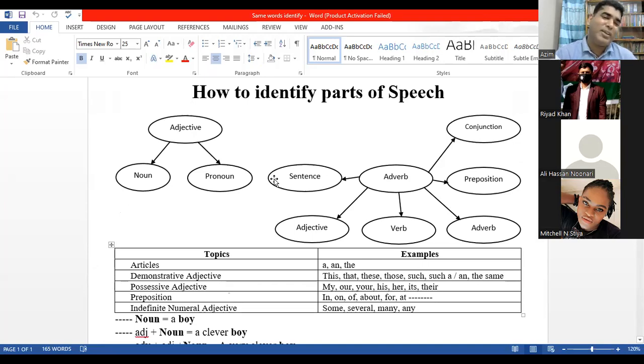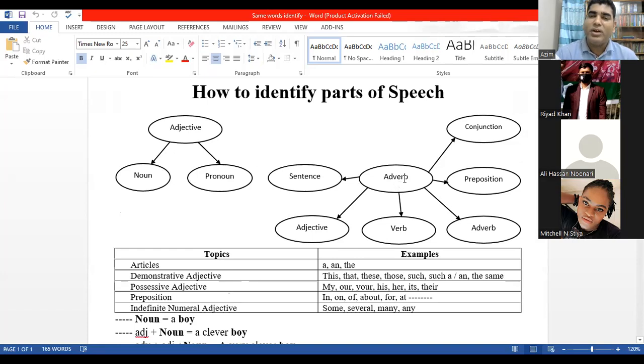Yes. Okay. When a word modifies a noun or pronoun, then the word will be an adjective. Modify means to give more meaning. That means when a word gives more meaning to a noun or pronoun, then the word will be an adjective.